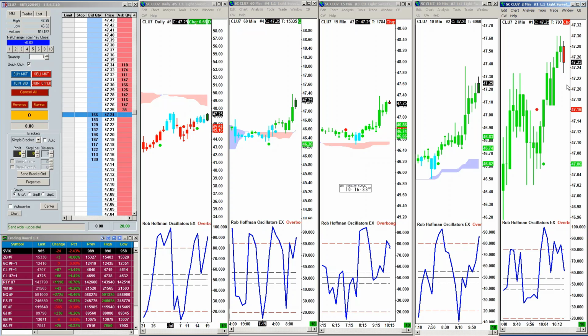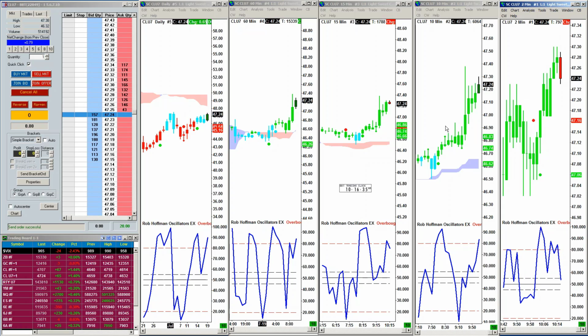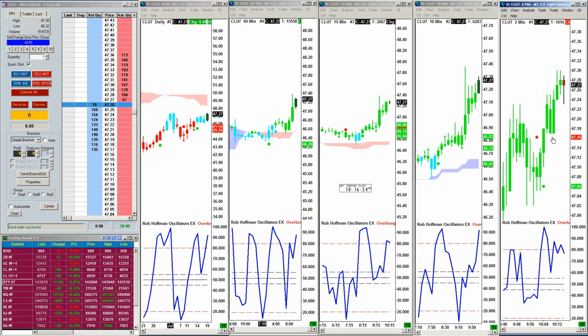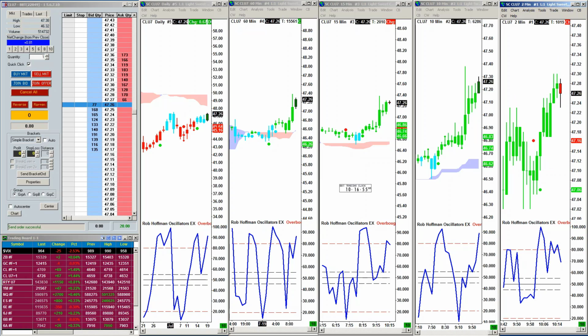As anybody in my trading room knows, I go into a trade with the intention of trying to make $100 or more per contract. So if I'm getting into a trade for one contract, I'd like to see $100 ideally out of it. If I'm going in with 10 contracts, I'll be looking ideally for $1,000 on the trade.